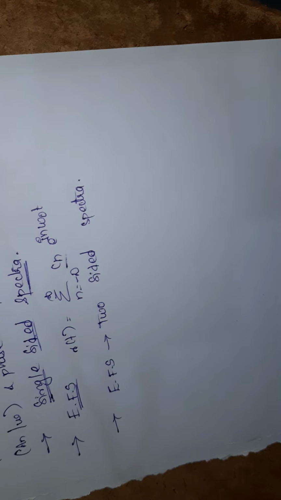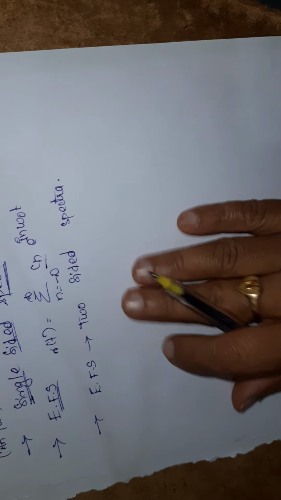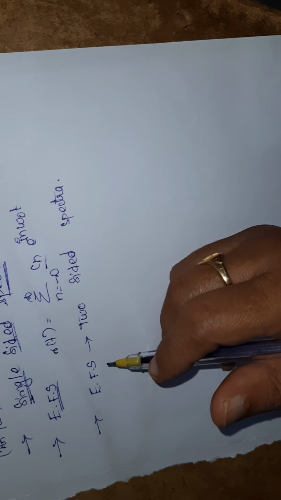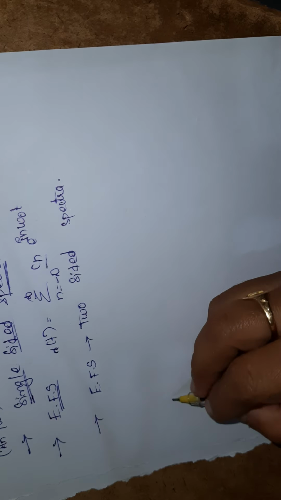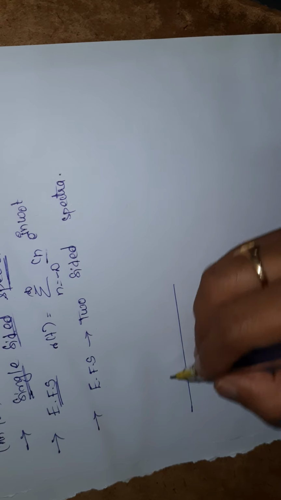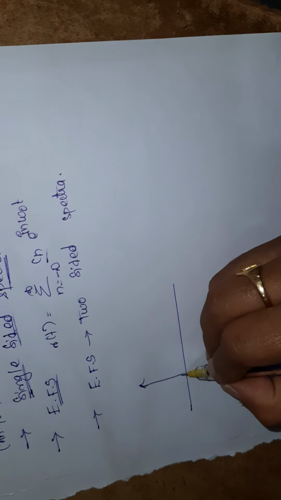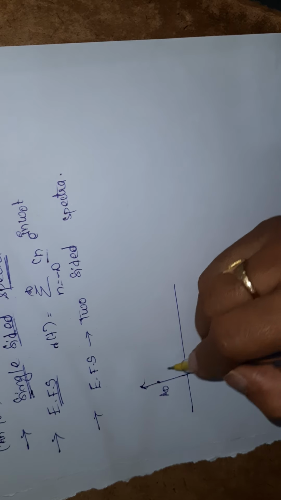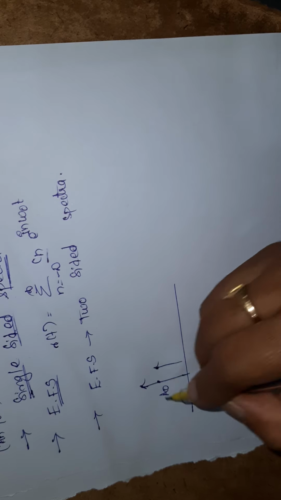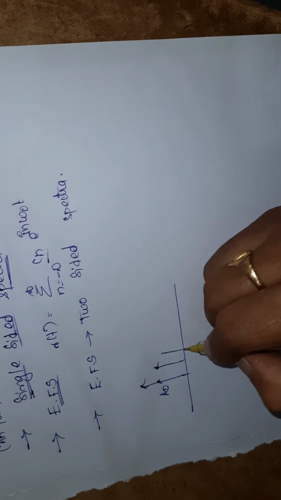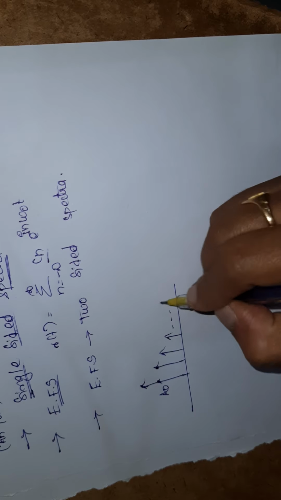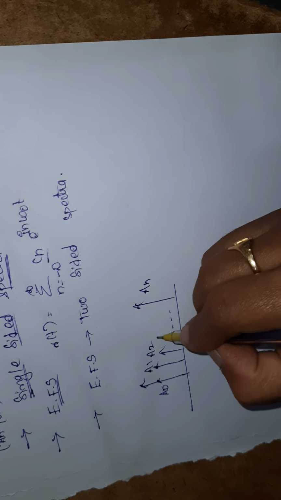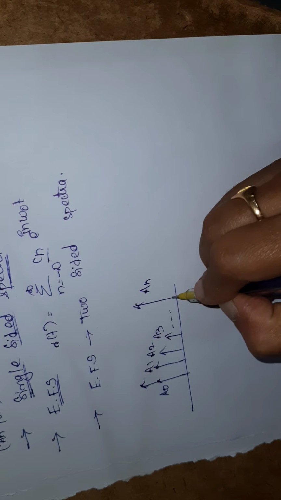So here I am drawing the complex frequency spectrum for trigonometric Fourier series and complex exponential Fourier series. For example, for trigonometric Fourier series we have A naught, A1, A2, A3 up to An.